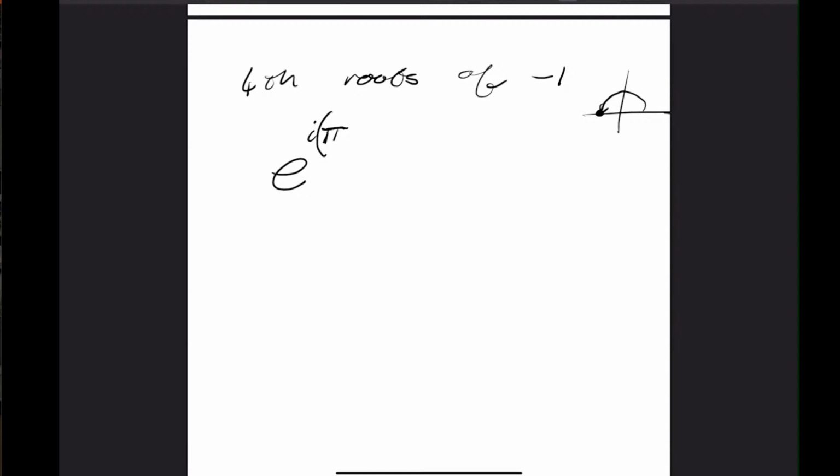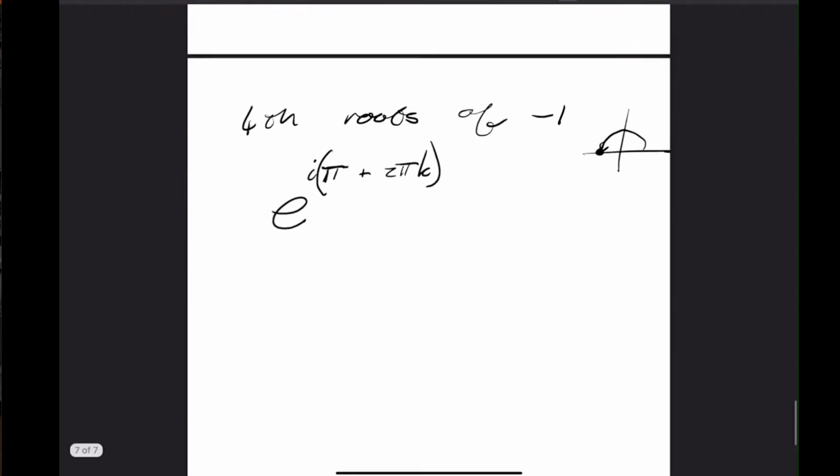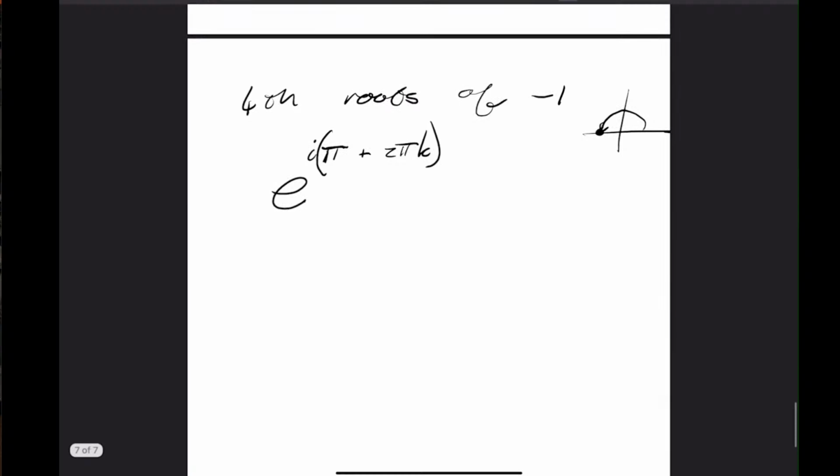And we add multiples of 2 pi, so up to k, where k is an integer. And to obtain the fourth roots of minus 1, we divide by 4, and we let k be any one of the integers 0, 1, 2, and 3.